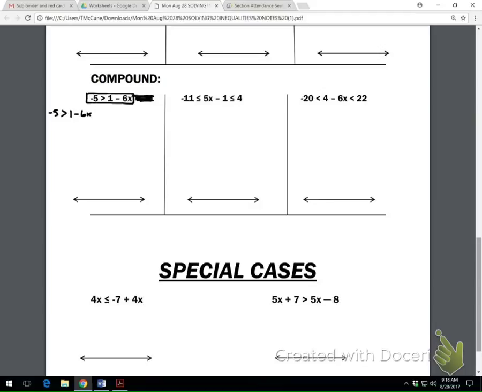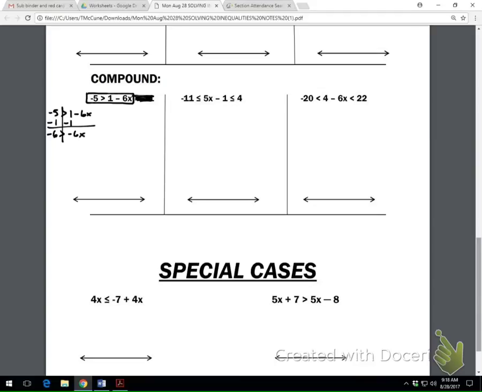I got that right there. So, draw my line. Now, think about it. It's flipped from what you're normally used to seeing. So what do you think you do? Minus 1. So that gives me negative 6 is greater than negative 6x.